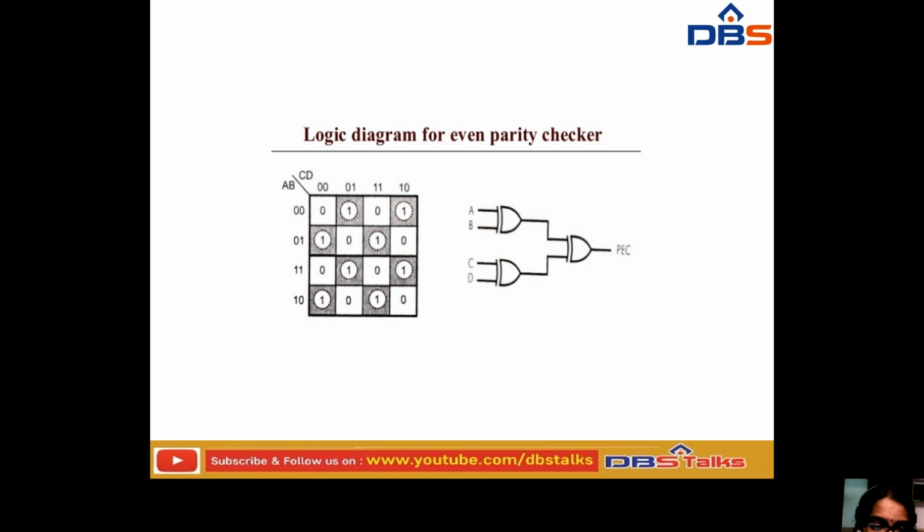So if you have observed this one, this is a logical diagram for the parity checker. So here this is a 4 variable K map. In the K maps, we have already discussed that one. It is a 4 variable K map with A B and C D. Here the A B value is 0 0 and C D value is 0 0, that is 0 0 0 0.